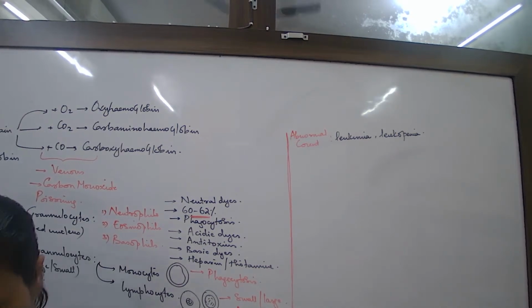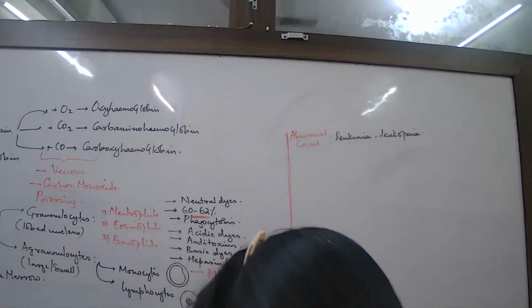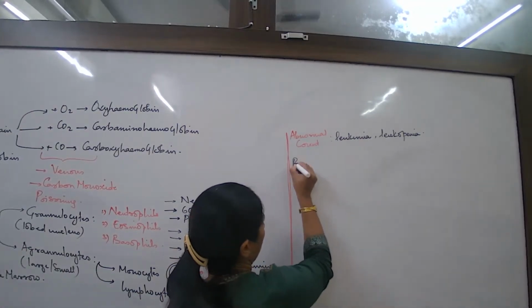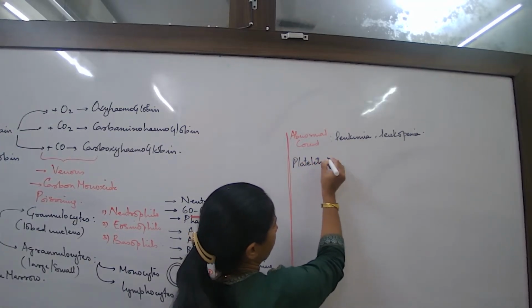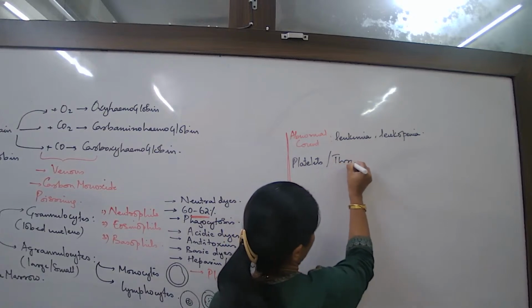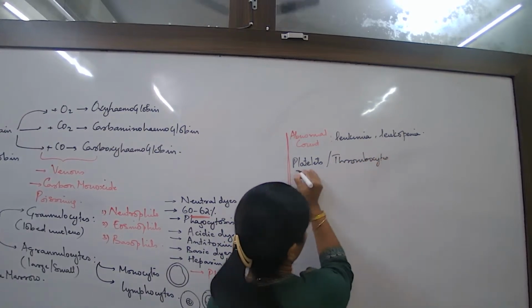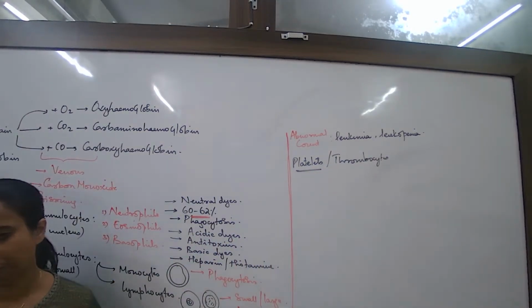The third type of cells we look into would be platelets. What is the other term for platelets? Thrombocytes. Now, this type of cells, thrombocytes or platelets, are unorganized cells.